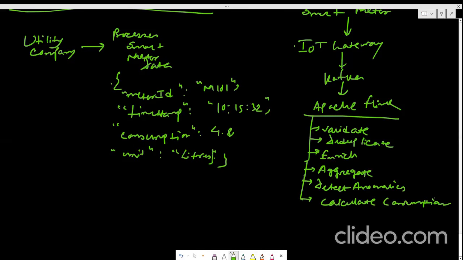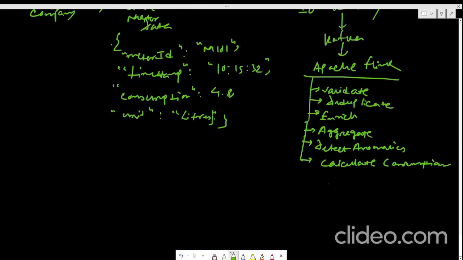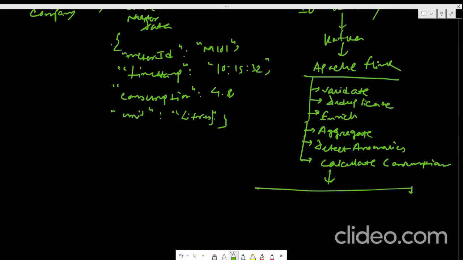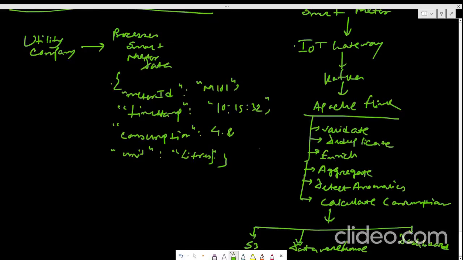And then finally, it will send the data to some S3, then some data warehouse, suppose some EDP kind of things, and some dashboard for data observability. So in that way, it actually works.